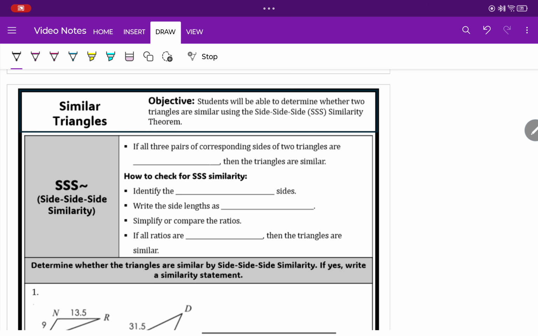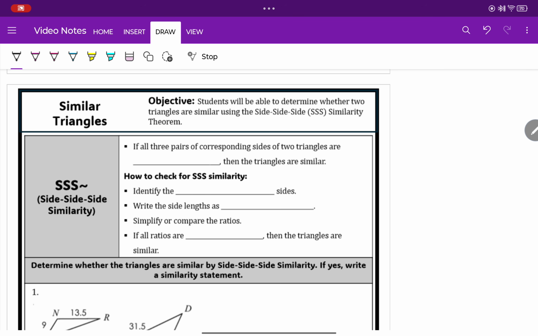So today we will be looking at similar triangles, and specifically we are looking at our side similarity theorem. Last video we looked at our angle similarity theorem. So today we're looking at our sides.